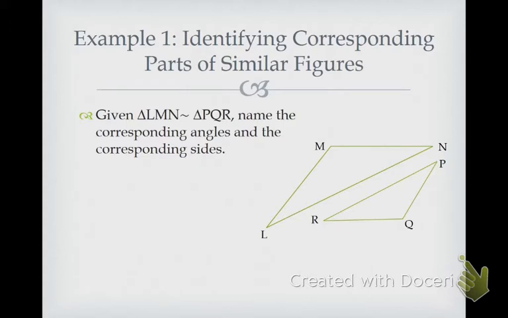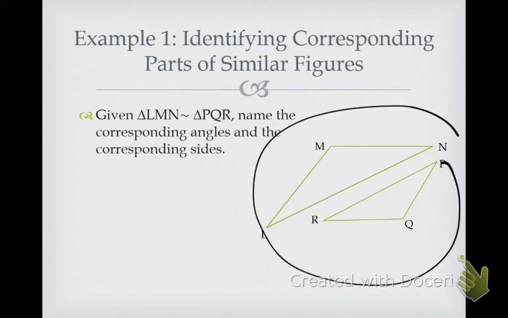What do you notice? What's the first thing you notice about these two figures? Well, they're the same shape. They're both triangles. Are they facing the same direction? No, they're flipped.